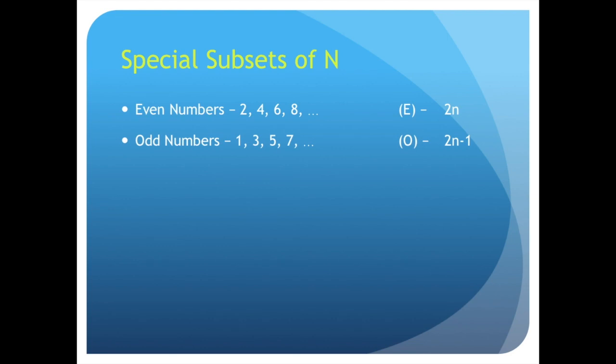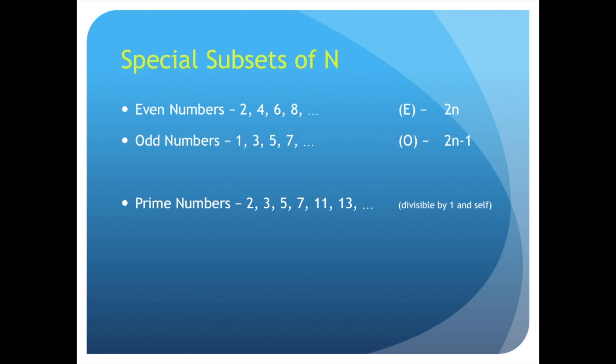It is represented using capital O. To find any odd number, we use the formula 2n minus 1. For example, if we are supposed to find the third odd number, we place 3 in place of n, so it becomes 2 into 3 minus 1, which is 5. So from the series also we can see 5 is the third odd number.